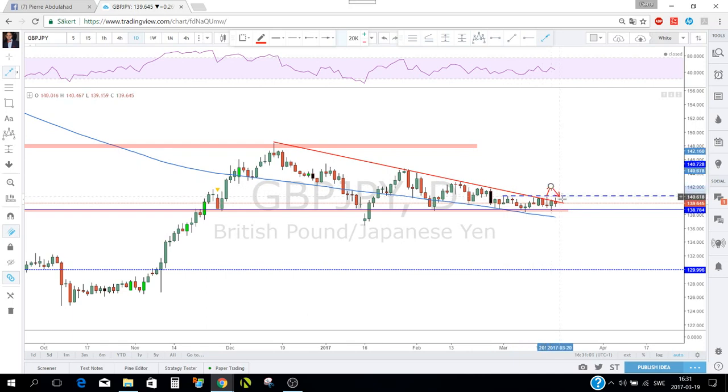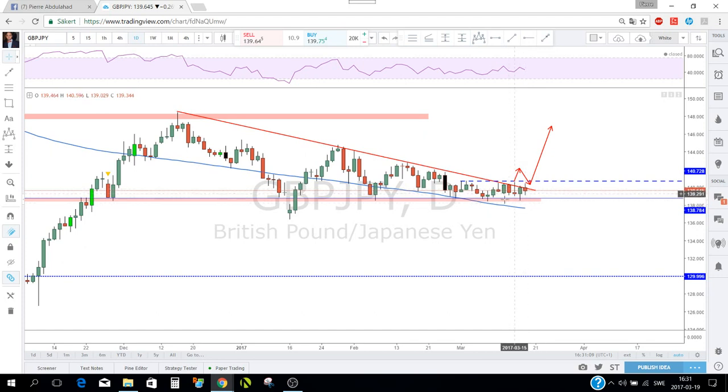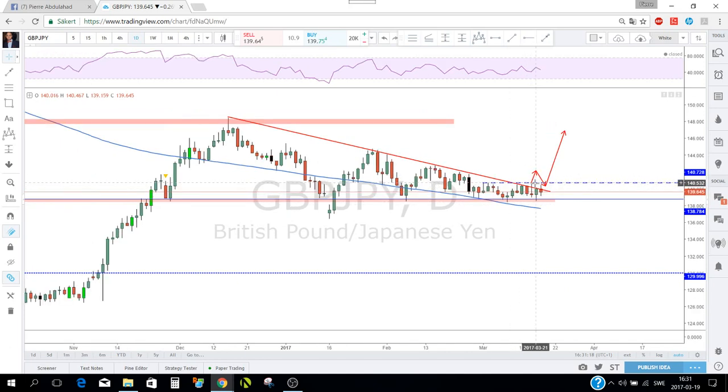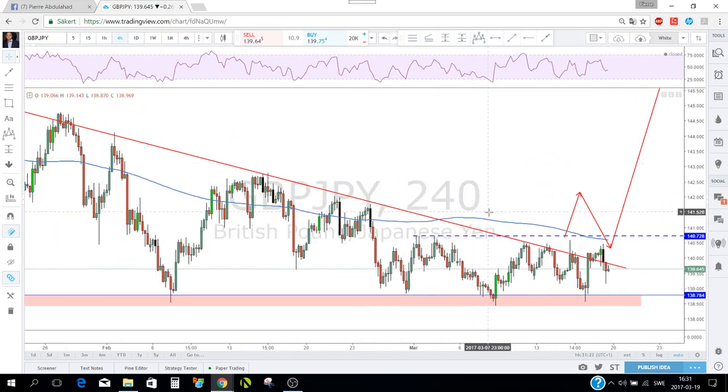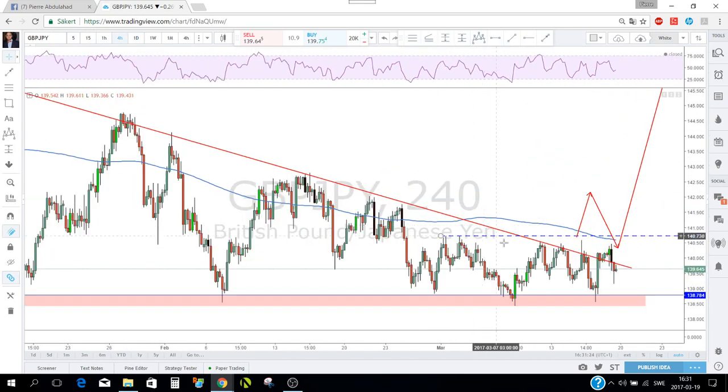And when I say a retest, I mean maybe on the 4 hour or the 1 hour. So I wouldn't be waiting for a daily retest here, because I think if this is gonna go, it will go very fast, so go down to a lower time frame. As you see here, you will see it much more clear.